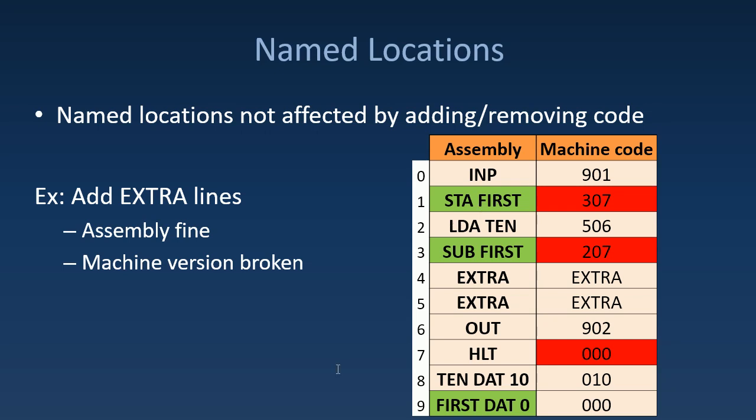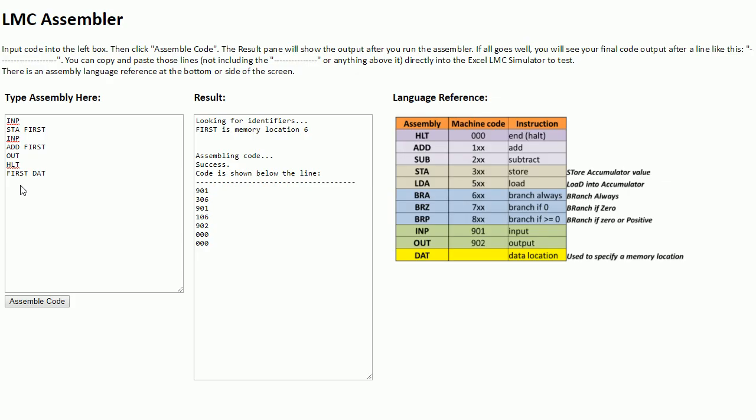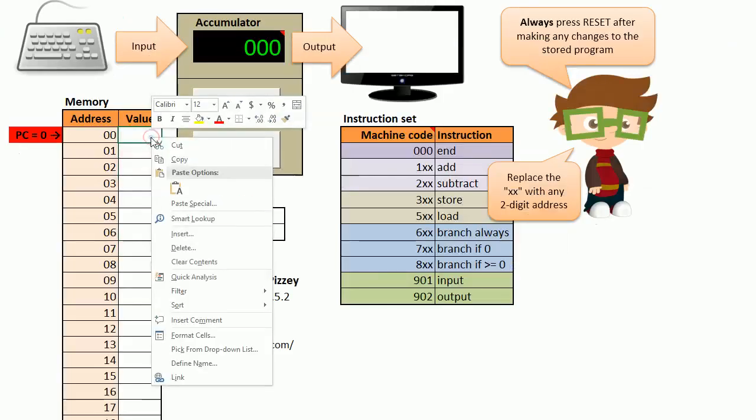So the tool that we have to experiment with this is this web-based assembler. When you load the assembler, it will start off with a little program, and if you hit the assemble code button, it'll take that and produce machine code that you can copy and paste into the little man computer workbook.